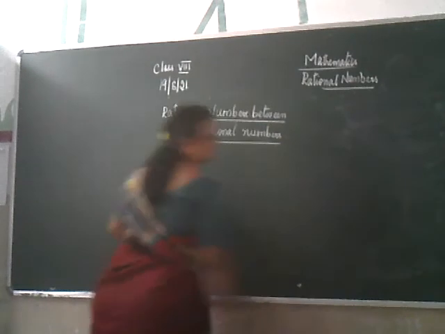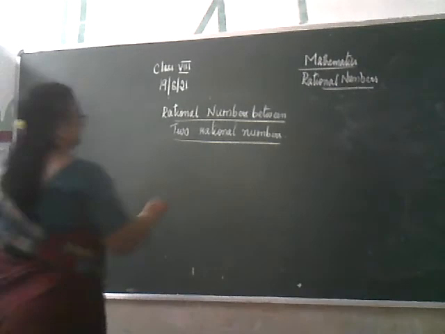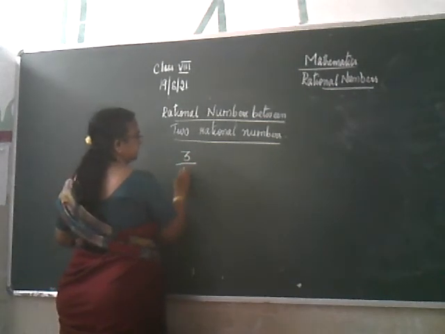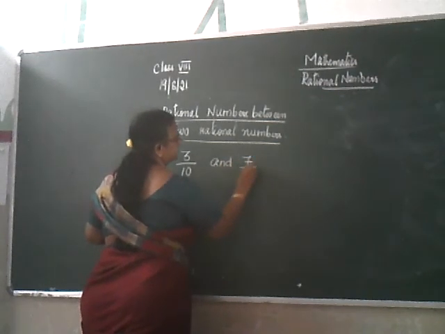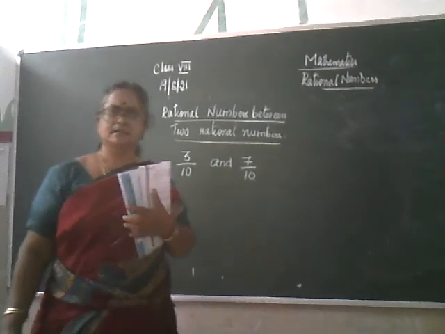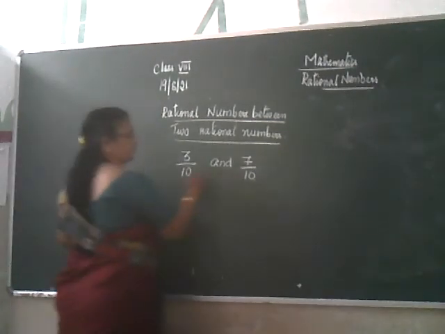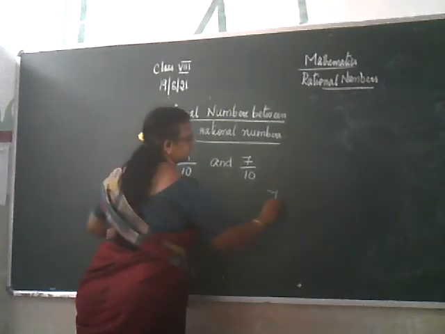Okay. So, if I ask you to write the rational numbers between 3 by 10 and 7 by 10, yes, definitely you can, because both have 10 equal parts.